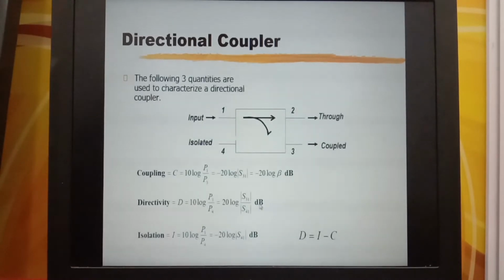Notice that we can't measure directivity directly, typically. We need to measure coupling factor, that is the power coupled from port 1 to port 3. And then next we need to measure the isolation by measuring the power coupled to port 4. And we can then calculate directivity by taking the difference between I and C.